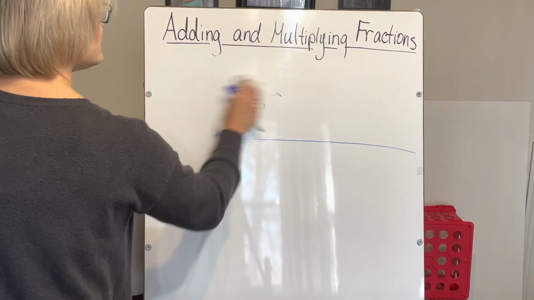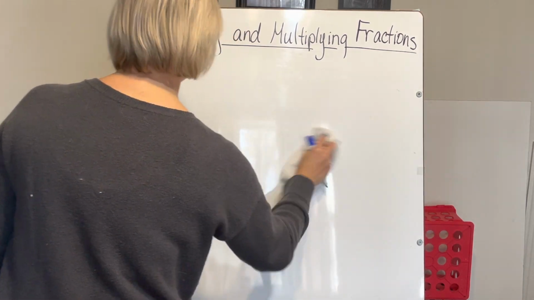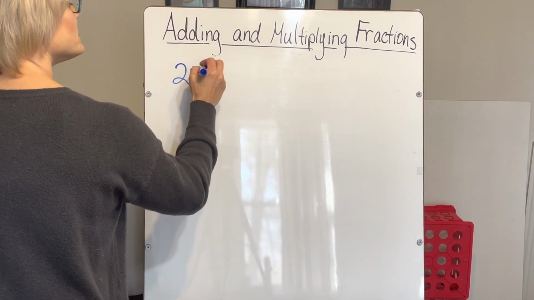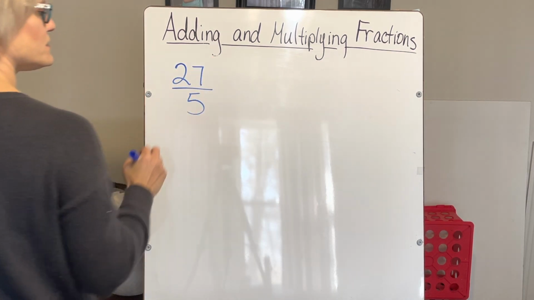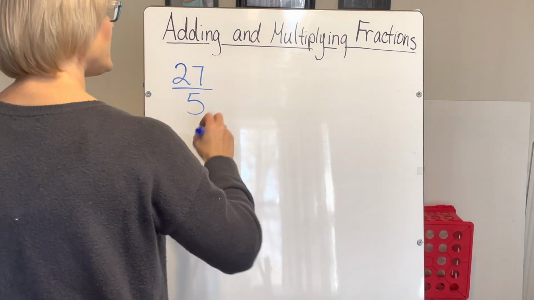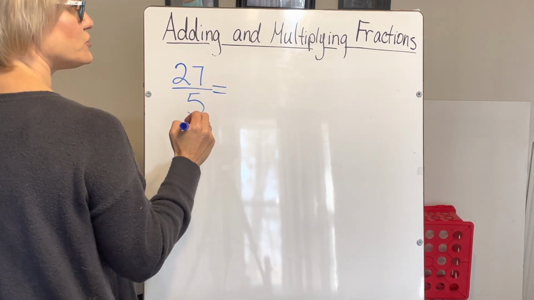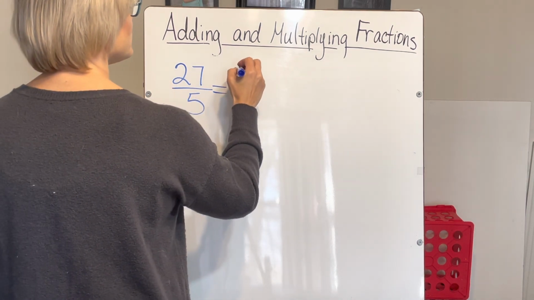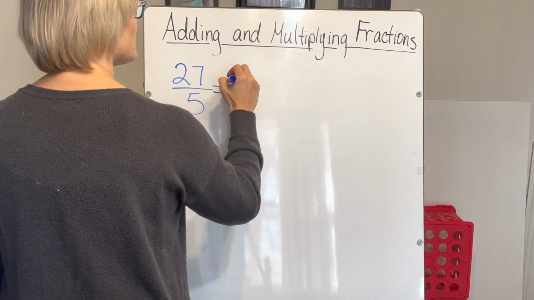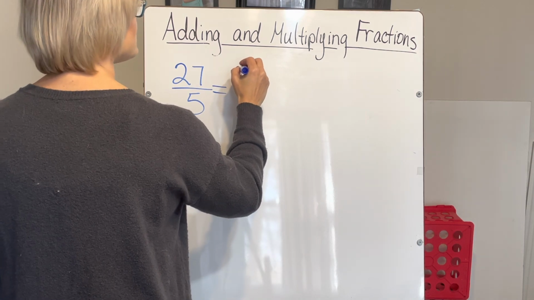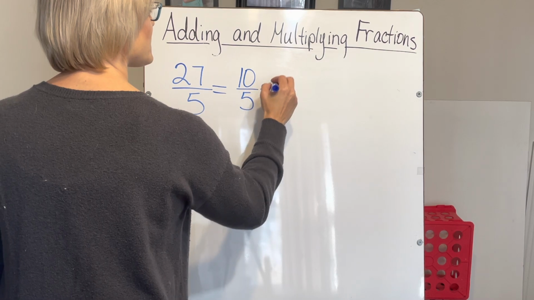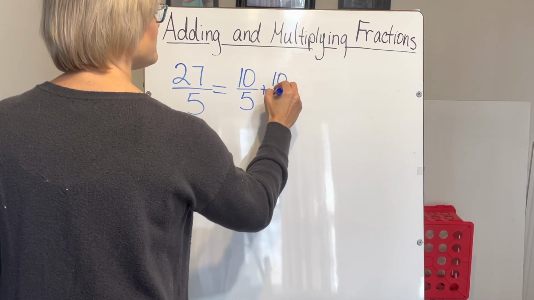And let's try 27/5. Okay, well, I've got fifths, so I want to show this as repeated addition. So I could do, let's do 10 fifths plus 10 fifths.